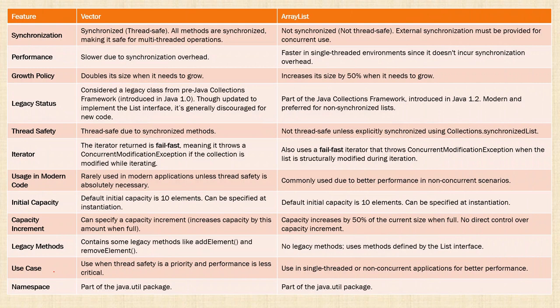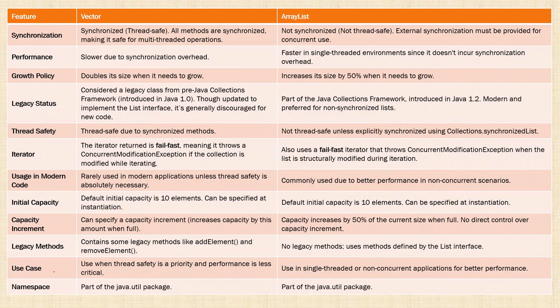So we are going to see the difference between vector and array list. This is the most important question according to interviews. Vector and array list, feature: synchronization. Vector is synchronized, that means it is thread safe, and array list is non-synchronized, that means non-thread safe.